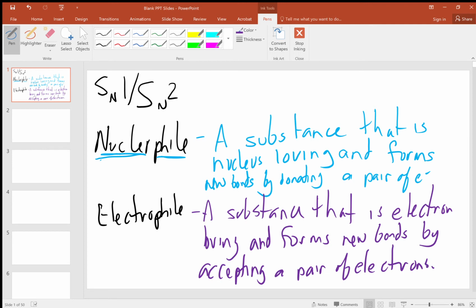And as we saw in the chapter on alkenes especially, we also saw it in alkynes, many reactions are the reaction of a nucleophile attacking an electrophile.